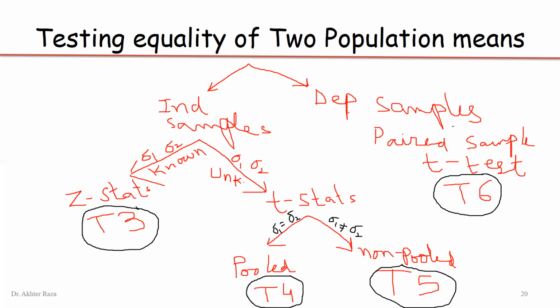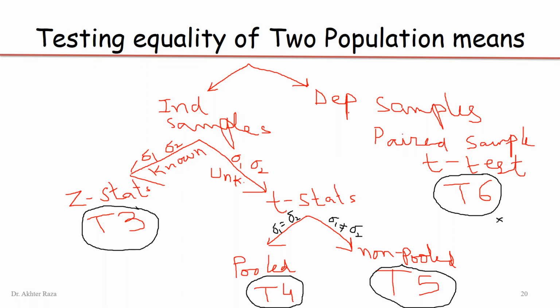This type of test is generally used for repeated measures, or scenarios which are repeated at different points in time. For example, diabetic patients are taking medicines. Before medicines, what is the level of sugar, and after taking medicine for 1 week, what is the level of sugar? So we have participants.